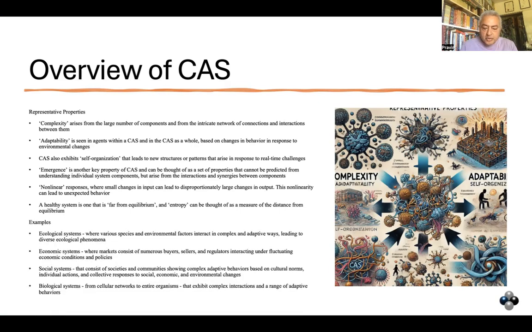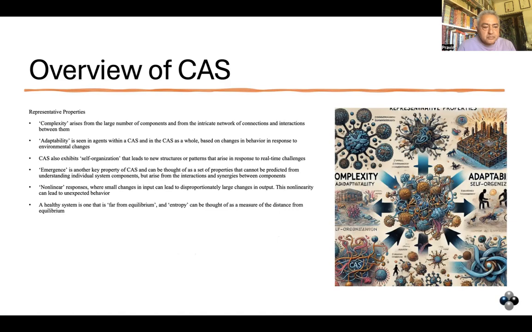There's also nonlinearity, where small changes can lead to disproportionately large changes in output. And a couple of final properties I'd like to mention. One is being far from equilibrium, and this is a keynote of a healthy CAS, to be distinguished from being in equilibrium. And then entropy, which can be thought of as a measure of the distance from equilibrium.